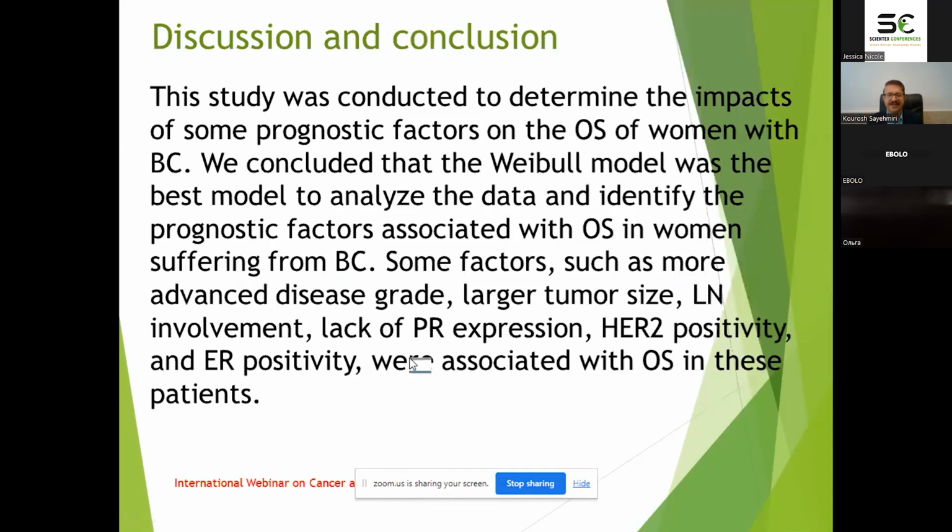Some factors such as more advanced disease stage, a larger tumor size, LN involvement, lack of PR expression, HER2 positivity, and ER positivity were associated with overall survival in these patients.